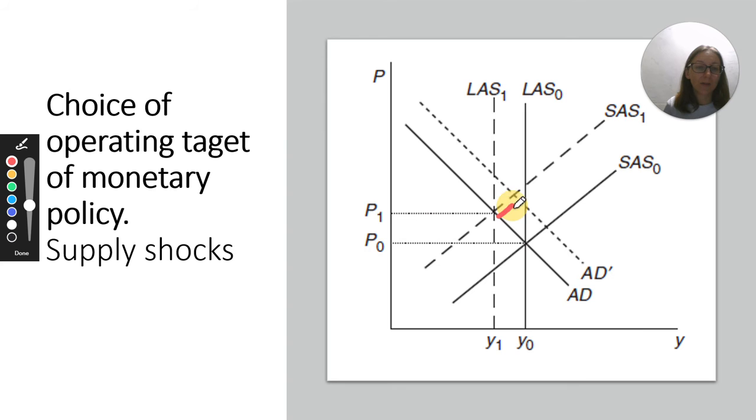So we would have, let's say, growth maybe, but with an even higher price level, because of this expansionary monetary policy that the central bank is doing.